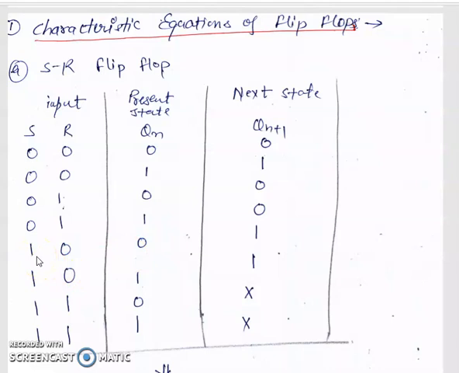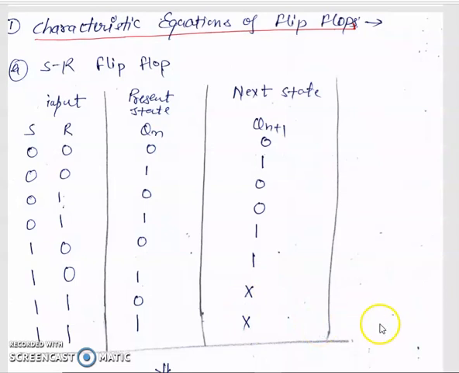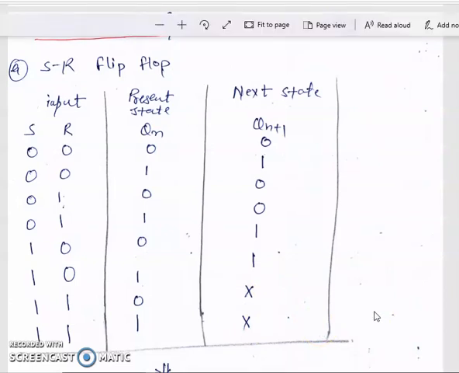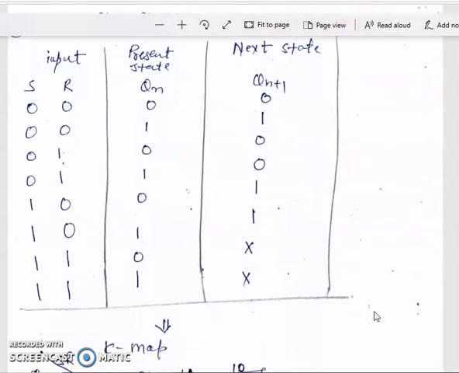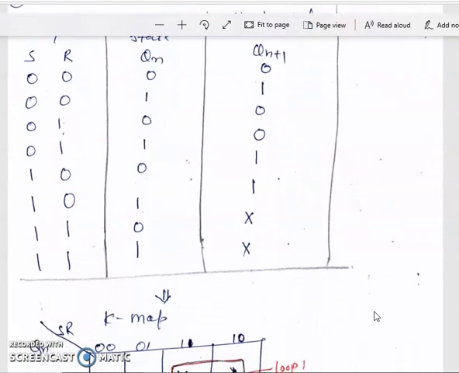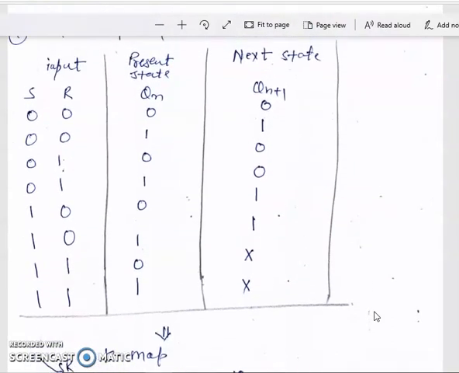In the next condition, S equal to 1, R equal to 0, S means set, so the output always stores 1. In the last condition, SR equal to 11, the output is invalid or forbidden, so here we use cross, or don't care.